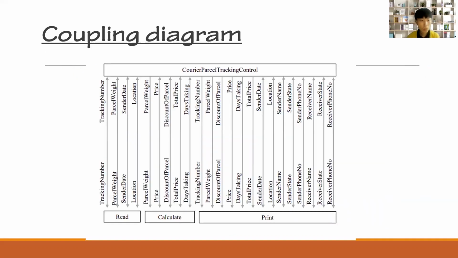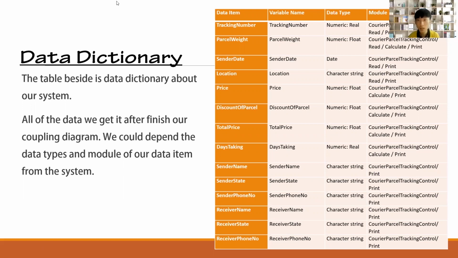Then the location will be West Malaysia, true, and the price will automatically be 30 ringgit, and so on. For the coupling diagram, we have three modules, which are read, calculate, and print, and we insert the call by value and call by reference inside this coupling diagram. For the data dictionary, we have four categories: data item, variable name, data type, and module.